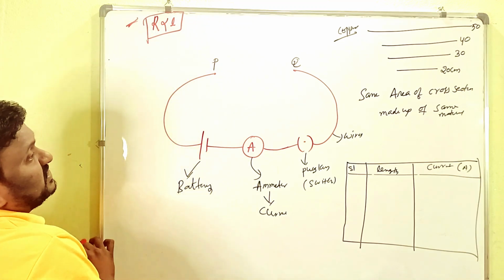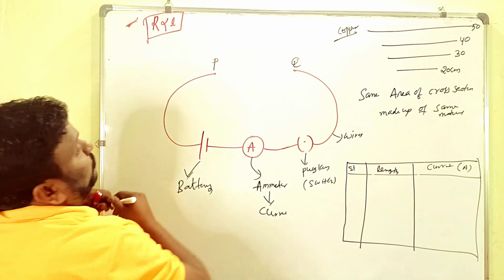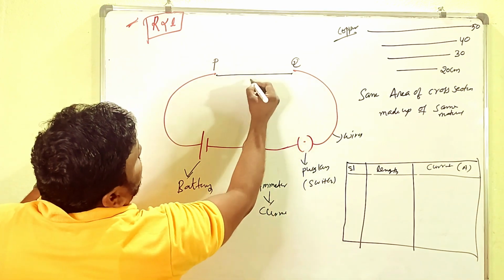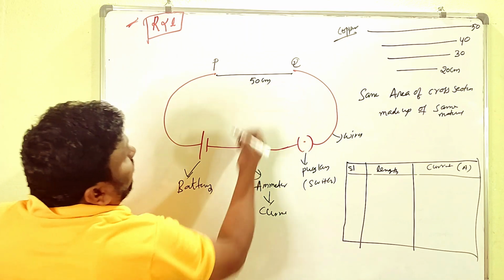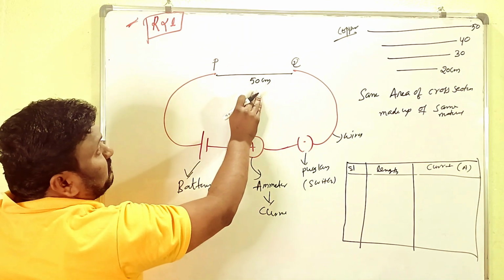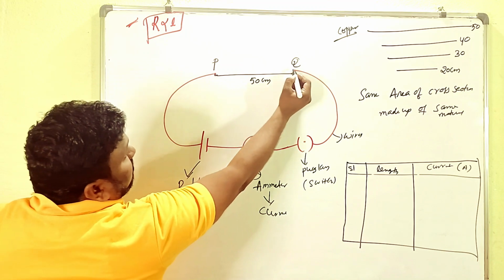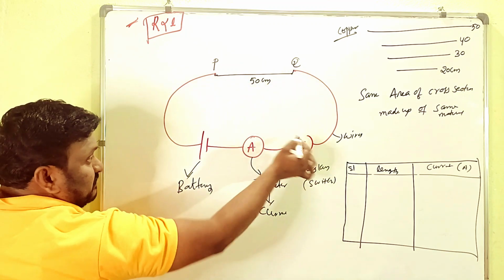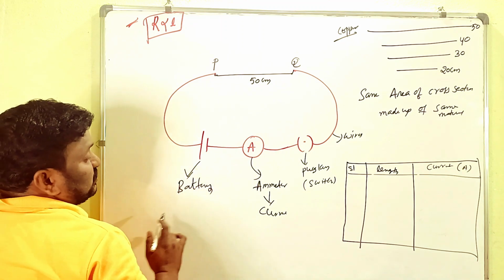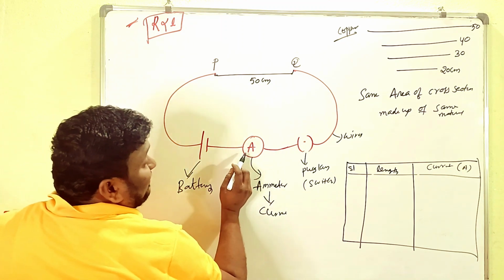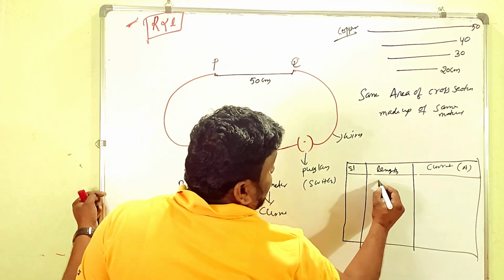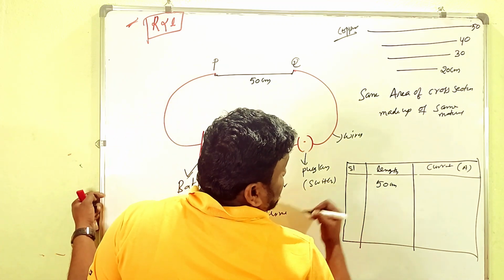First, we take a copper wire of length 50 centimeters, connected in between these two. Then you close the plug key and check how much current we get in the ammeter.